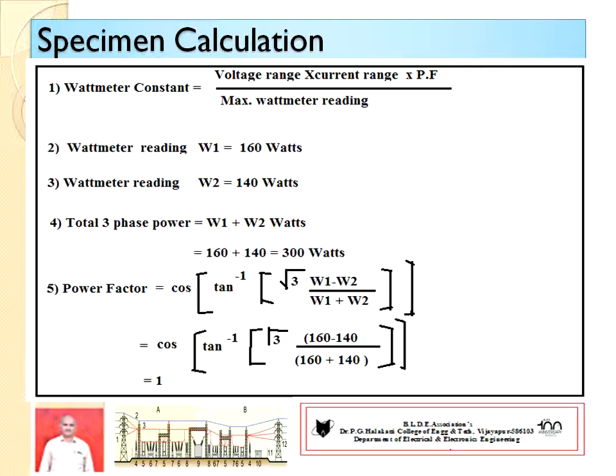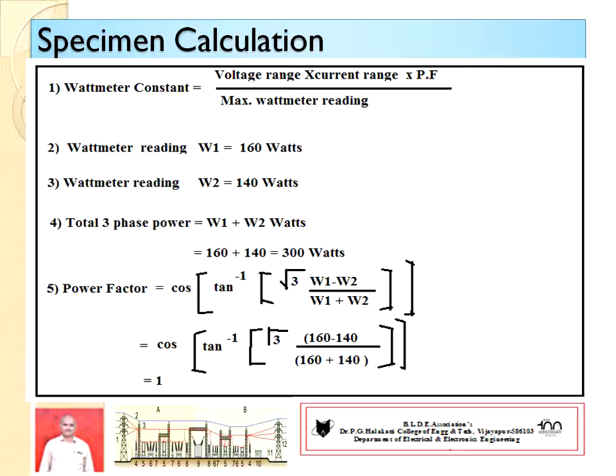For that, you need the voltage range of the wattmeter you are using, the current range of the wattmeter, and the type of power factor, either low power factor or unity power factor. For unity power factor we take the power factor as 1. For low power factor wattmeter, it is mentioned on the wattmeter scale, divided by the maximum wattmeter reading.